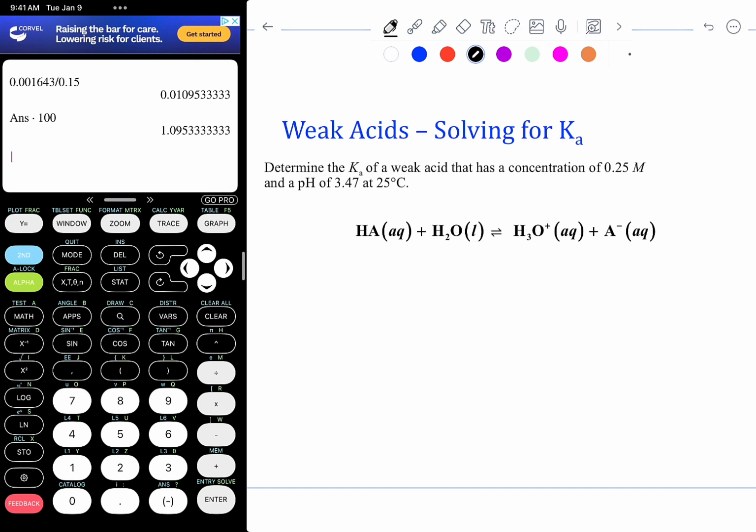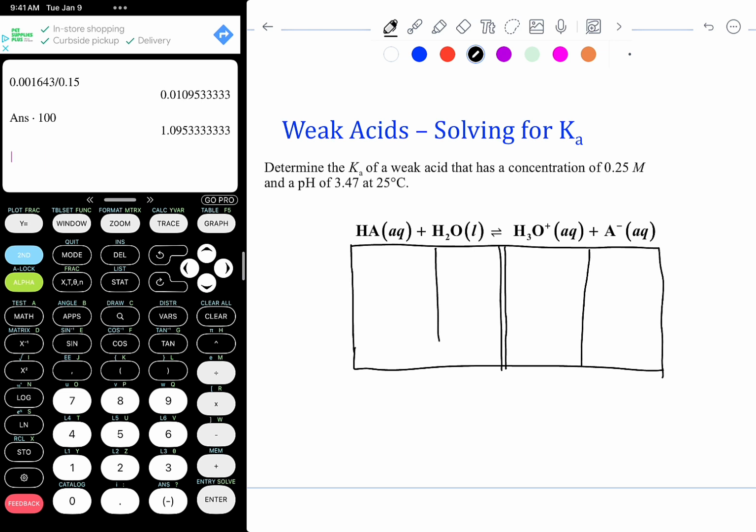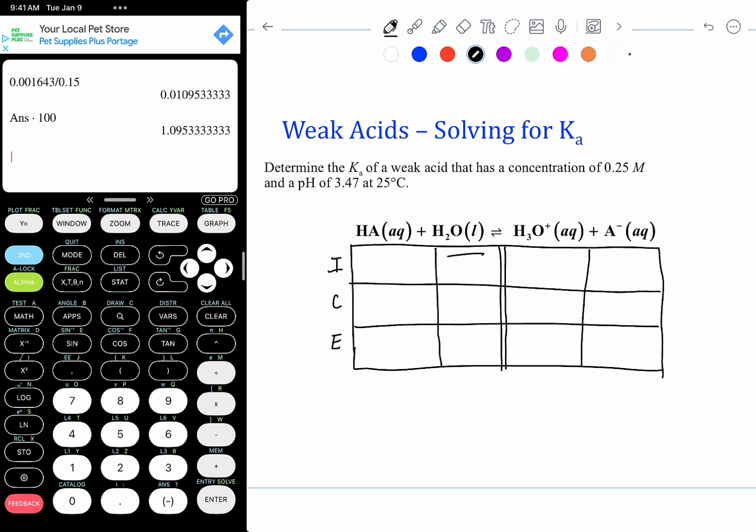So let's fill out our ice table here. We know that water is not going to contribute, so we can just get rid of that column.